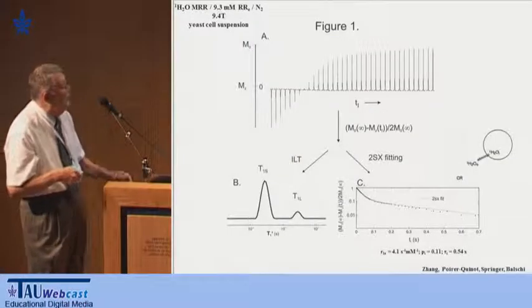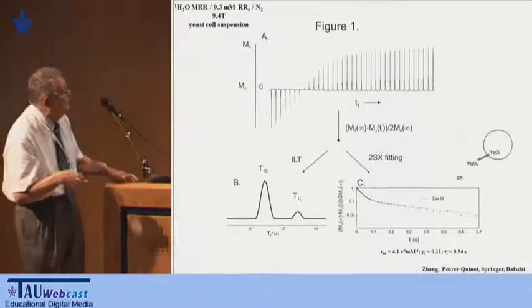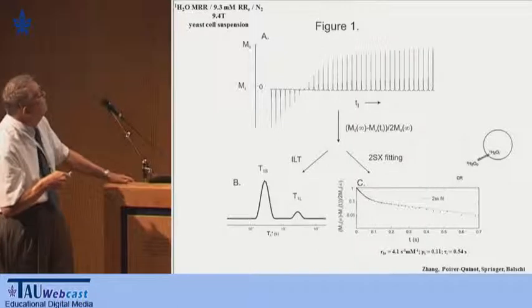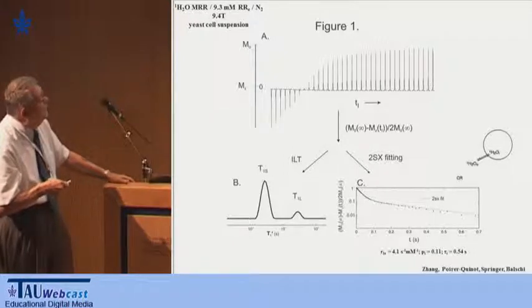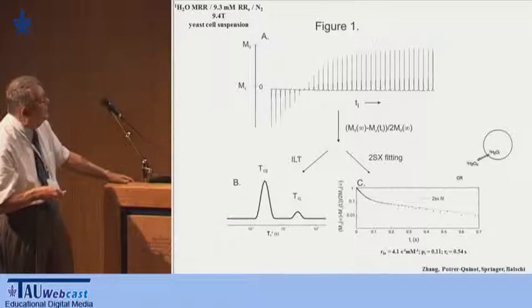What we do is a simple inversion recovery and measure the amplitudes. If you make the right function of the approach to equilibrium, and it was a single exponential recovery, the log of that function versus time would be a straight line.